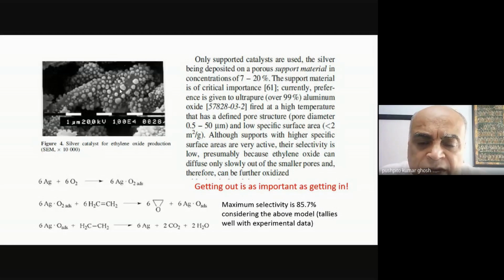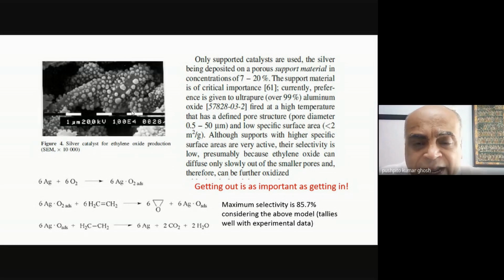Because if you have a very porous support, and some of the silver metal islands, when they're making it, some of it can get inside the pores. So not only will it be on the external surface of the catalyst, but it can also be inside. Now the problem is that when I put in something like ethylene, a quite small straight chain molecule, once it forms ethylene oxide, the molecule may not be able to come out.